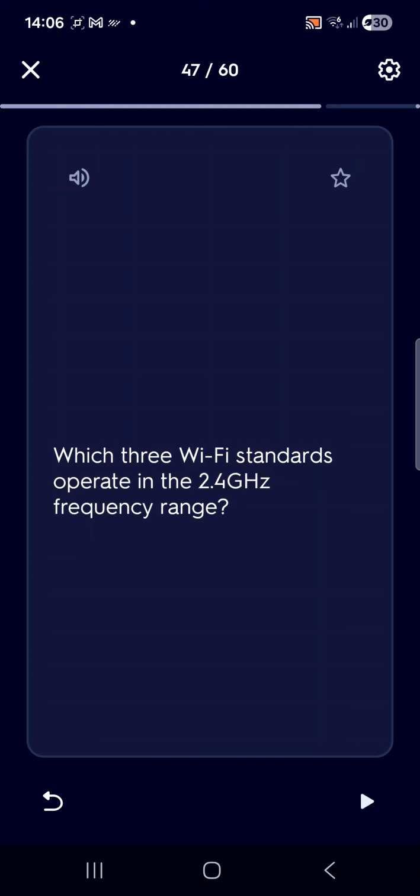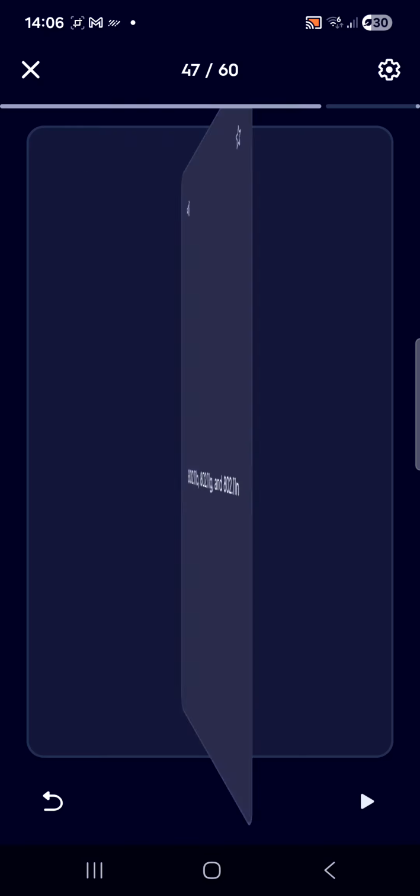Which three Wi-Fi standards operate in the 2.4 gigahertz frequency range?